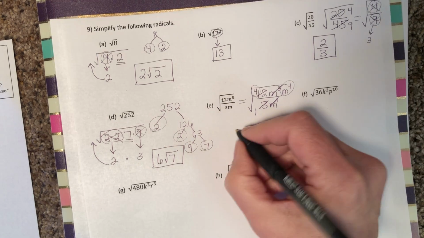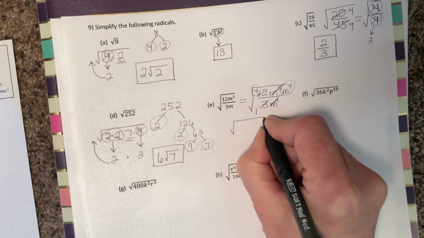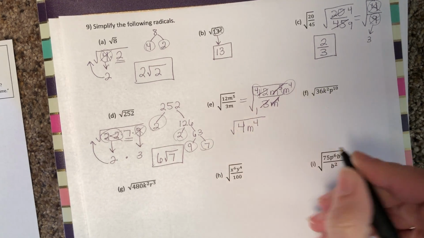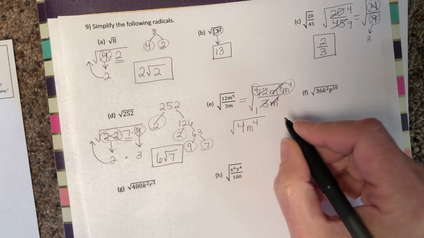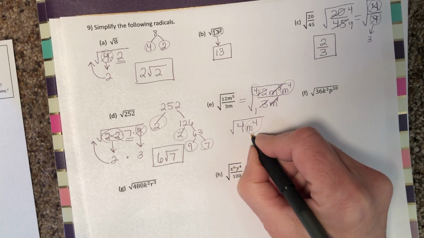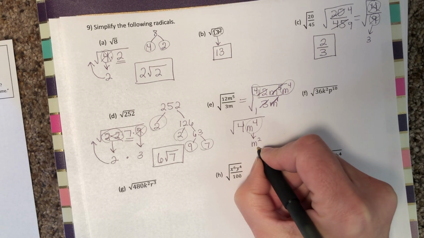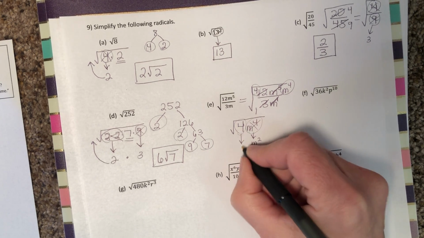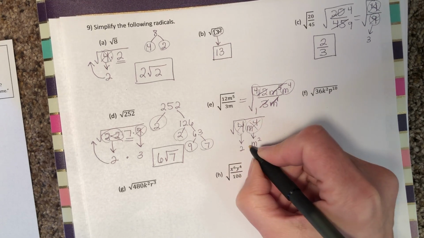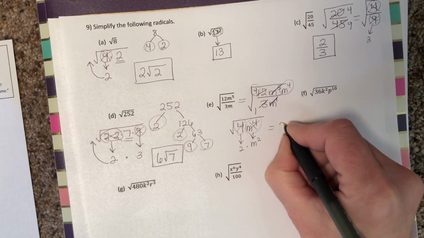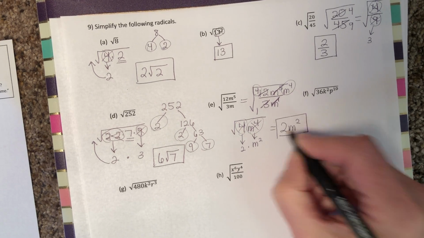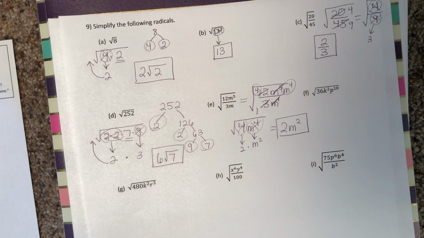So now what I have is the square root of 4m to the 4th after simplifying. I can pull out an m squared from this. That's gone. And I can pull out a 2 from the 4. So I get 2m squared. All right, to be continued.